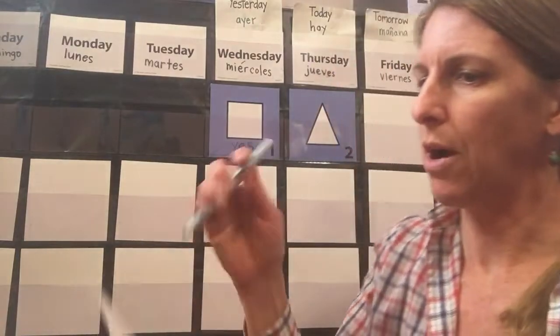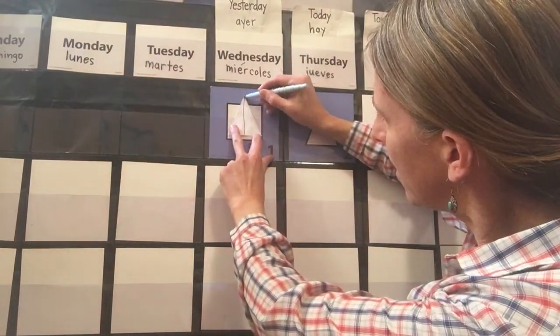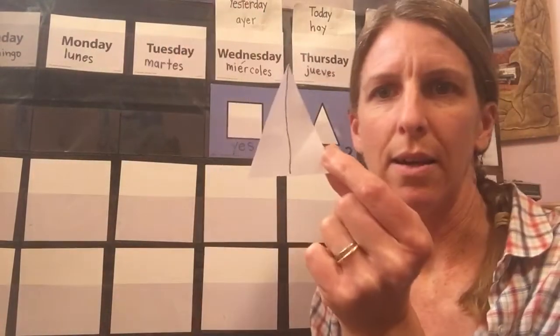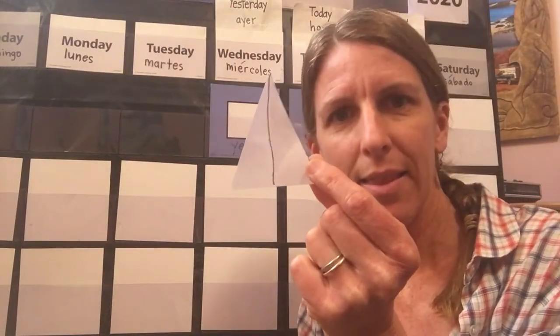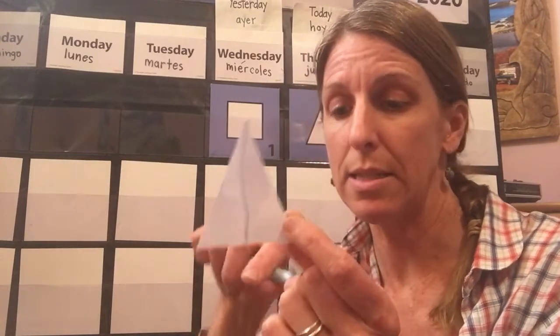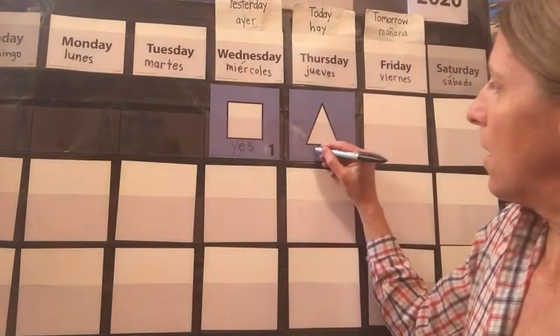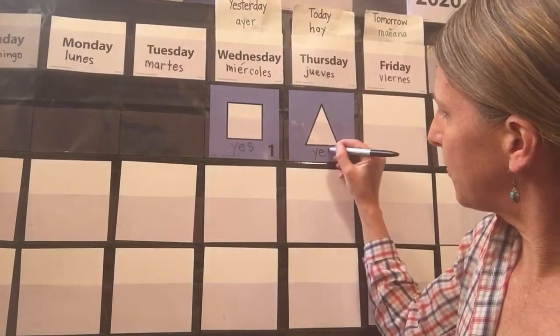Symmetrical or not symmetrical? That's right. This part of the triangle is symmetrical to this part of the triangle. If I were to draw a line so you could see it better, it would look like that. Yeah, this triangle has a line of symmetry. So yes, it is symmetrical. I'm going to write the word yes down for our triangle card.